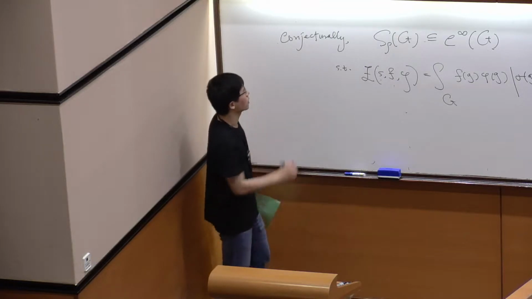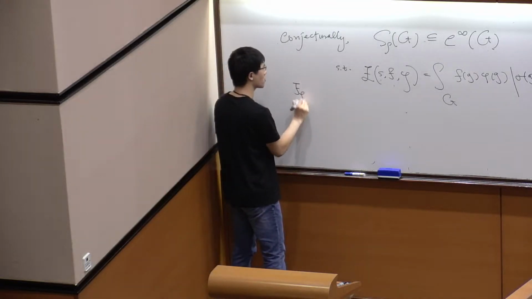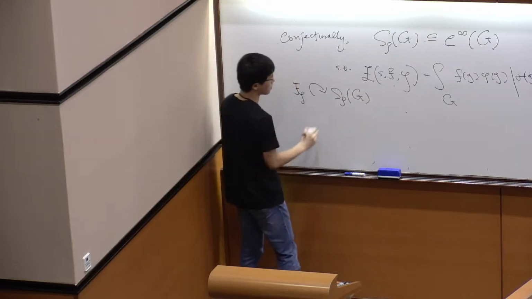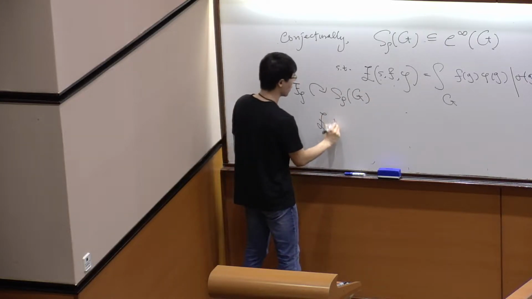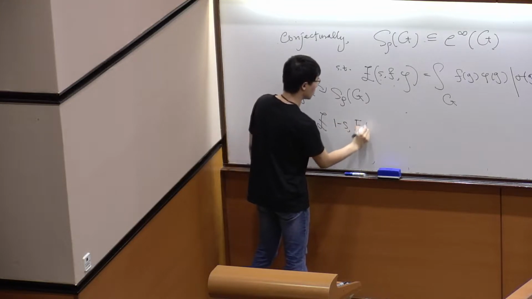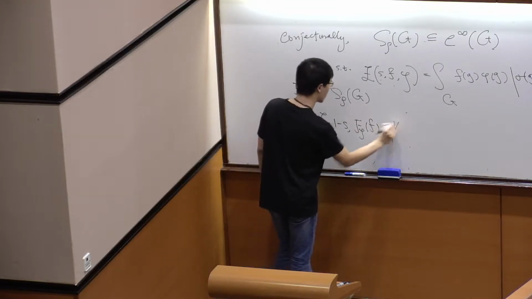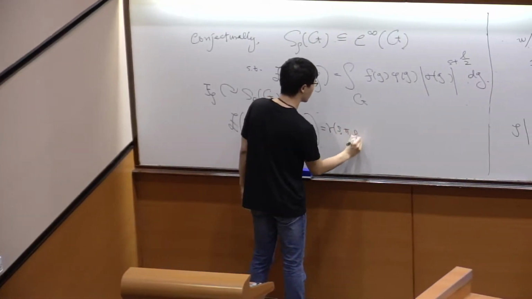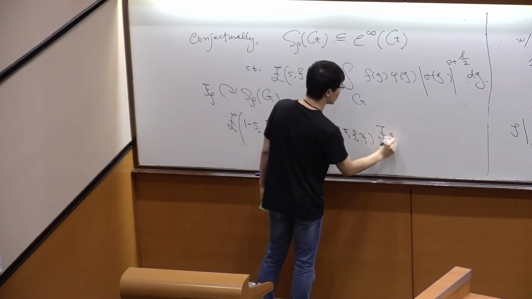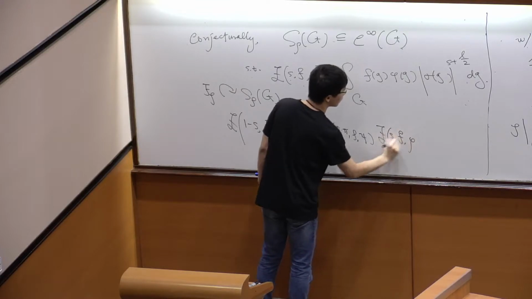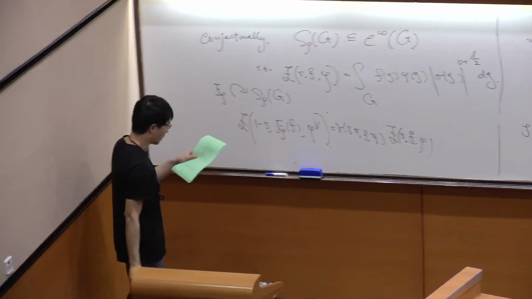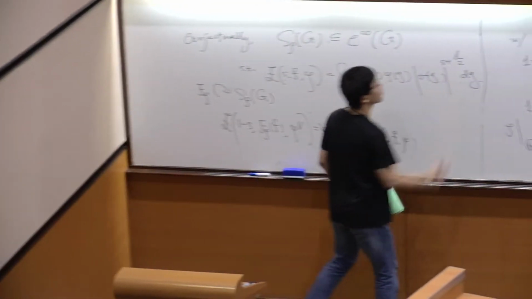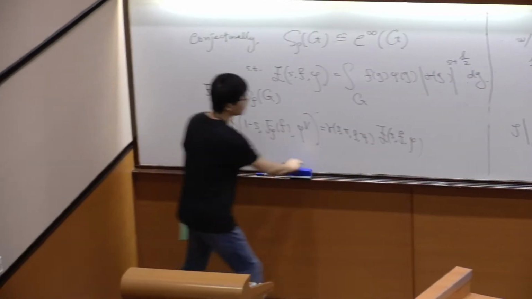And moreover, you have a Fourier transform acting on the Schwartz space, which gives you exactly the functional equation that you want. Then here, you may wonder what is the parameter L here. Let me briefly mention.